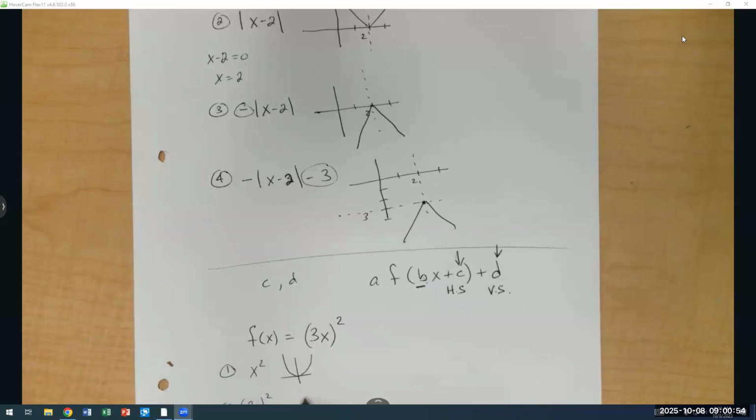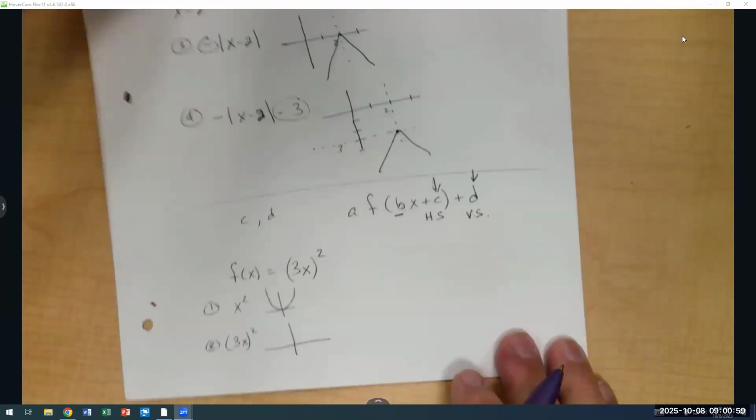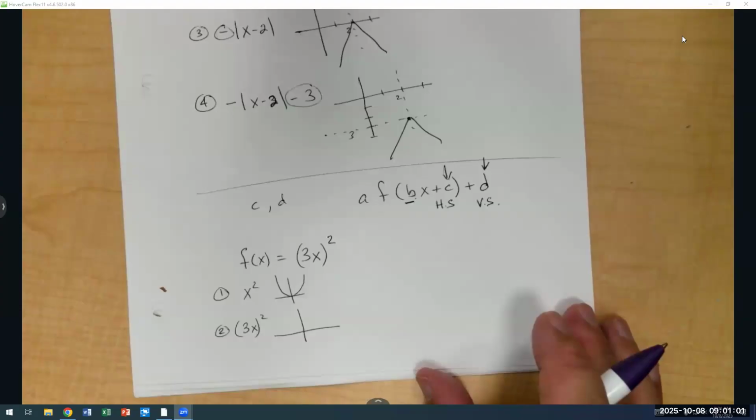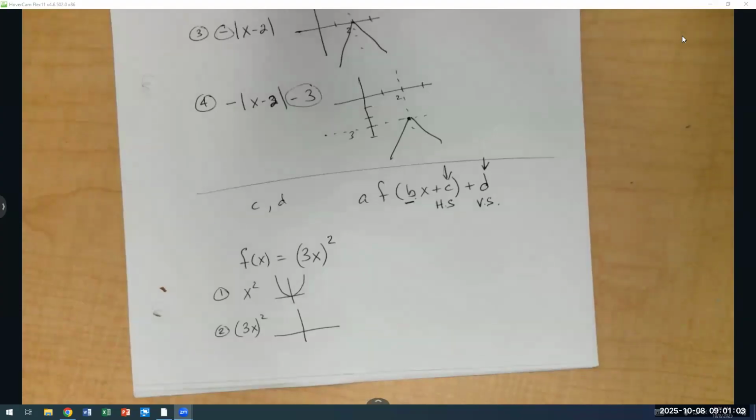So what do you think happens to my graph if I multiply the x side? Whatever happens is going to be horizontal because it happens inside the function, which means it's either going to become skinnier or it's going to become fatter. What do you think?